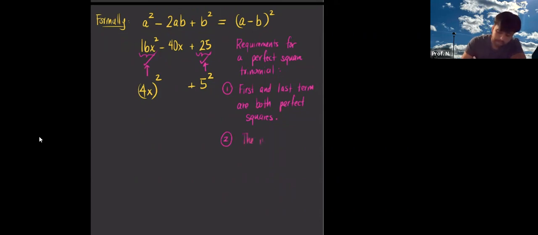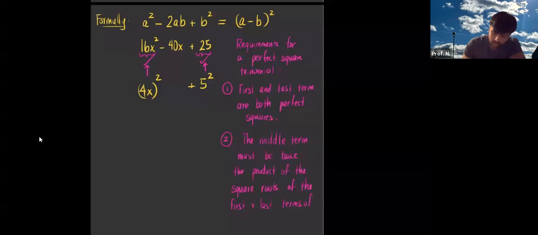The middle term must be twice the product of the square roots of the first and last terms of the trinomial.